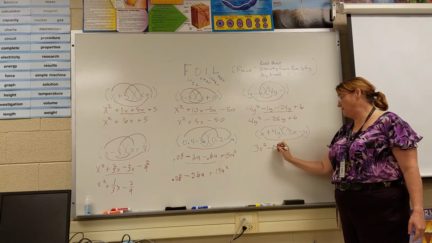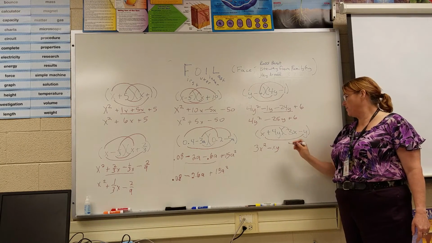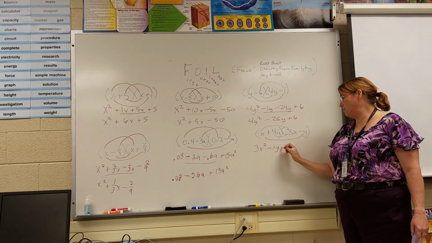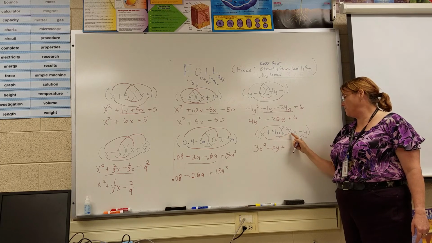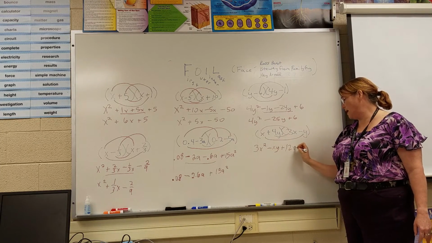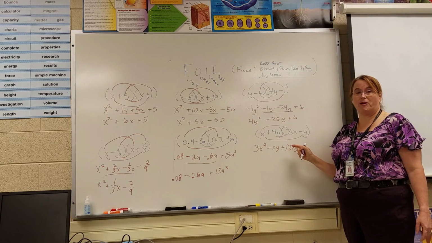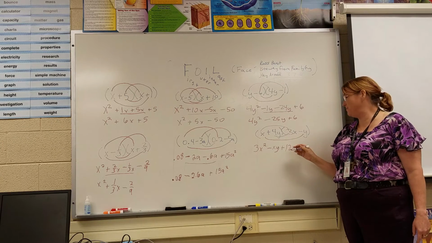And x times y is xy. Just stick them together. Inner, we have a positive times a positive, so we're going to have a plus. And we have 4 times 3, which is 12, and x times y, which is xy. Generally speaking, when you have multiple letters, they're in alphabetical order. That's the way you'll see them.